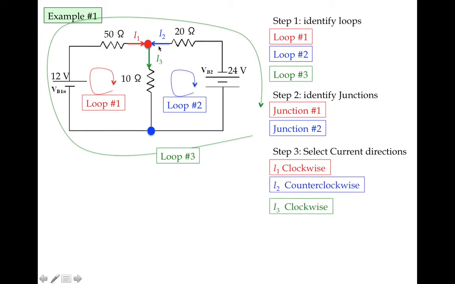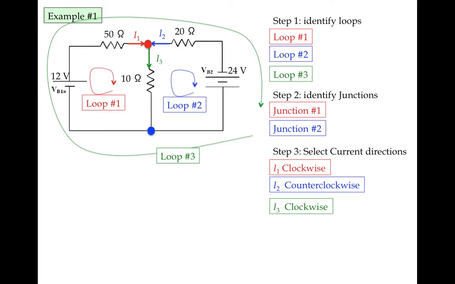You can definitely select them the other way around if you want, as long as you keep the sign convention for voltage drop and voltage increase correct. Once we get the answer, if I1, I2, or I3 is positive, that means the direction of the current we selected is correct. However, if we get a negative value for the current, then our selection is wrong and we have to reverse it.